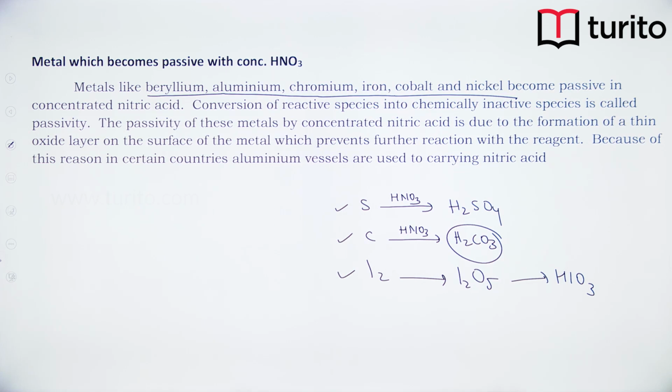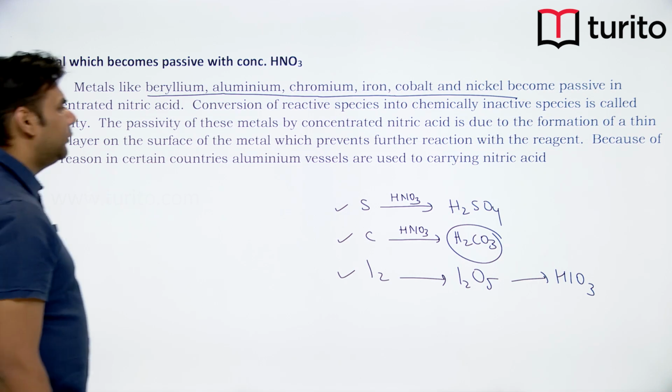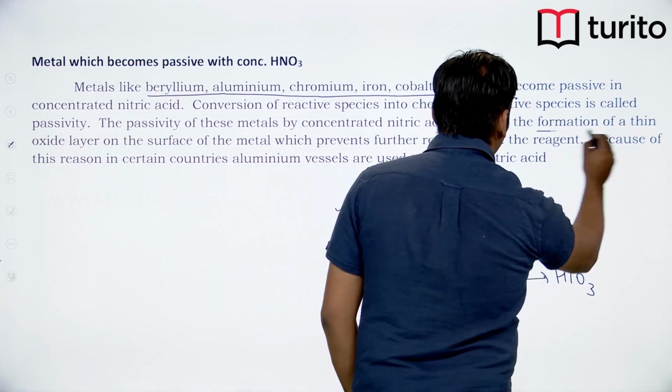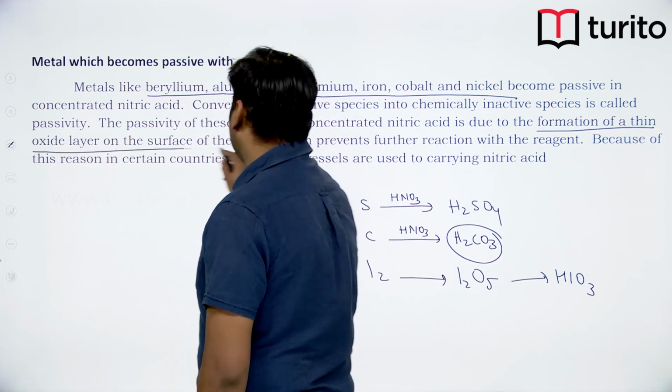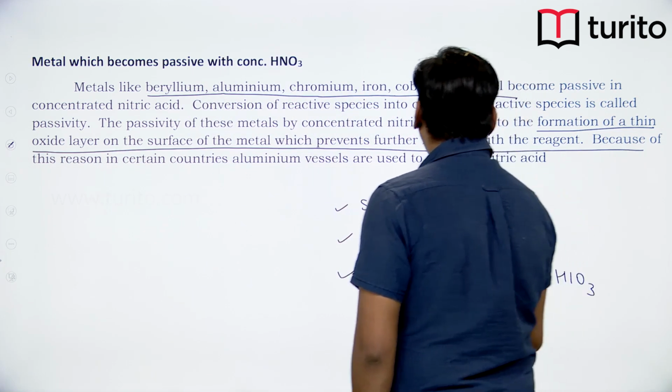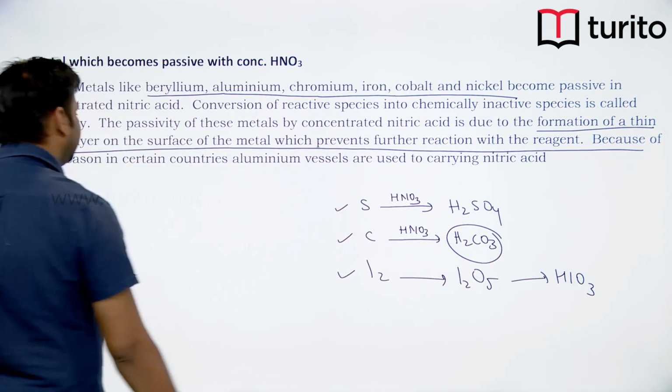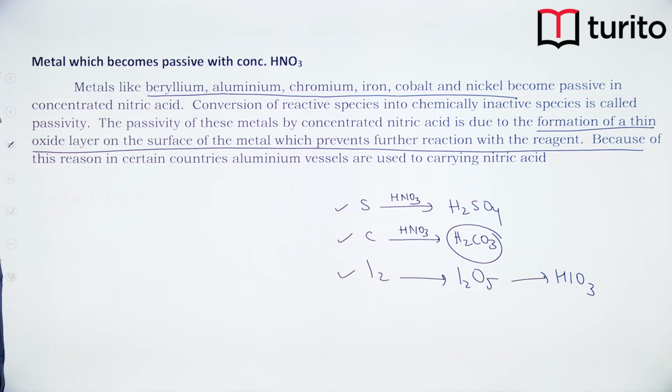Conversion of reactive species into chemically inactive species is called passivity. The passivity of these metals by conc HNO3 is due to the formation of a thin oxide layer on the surface of the metal, which prevents further reaction with the reagent. Because of this reason, in certain countries, aluminum vessels are used for carrying nitric acid.